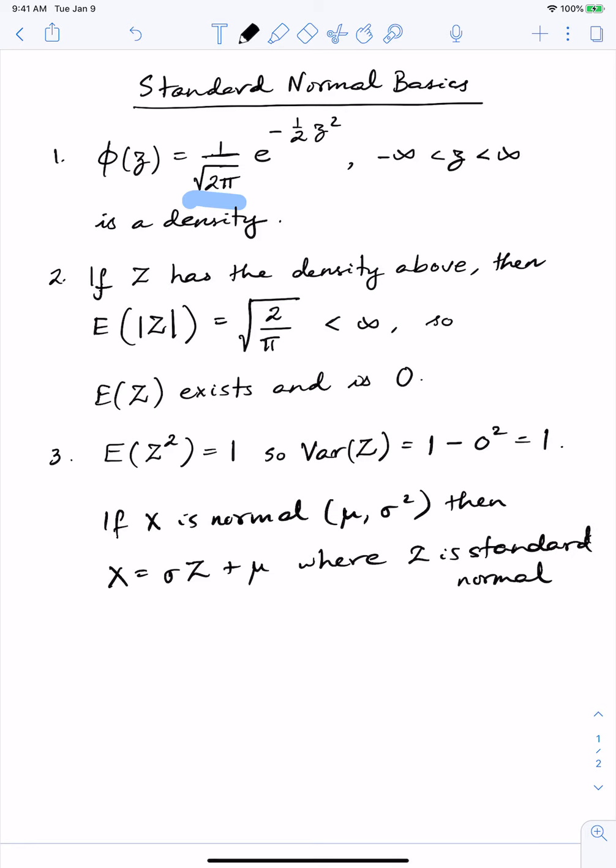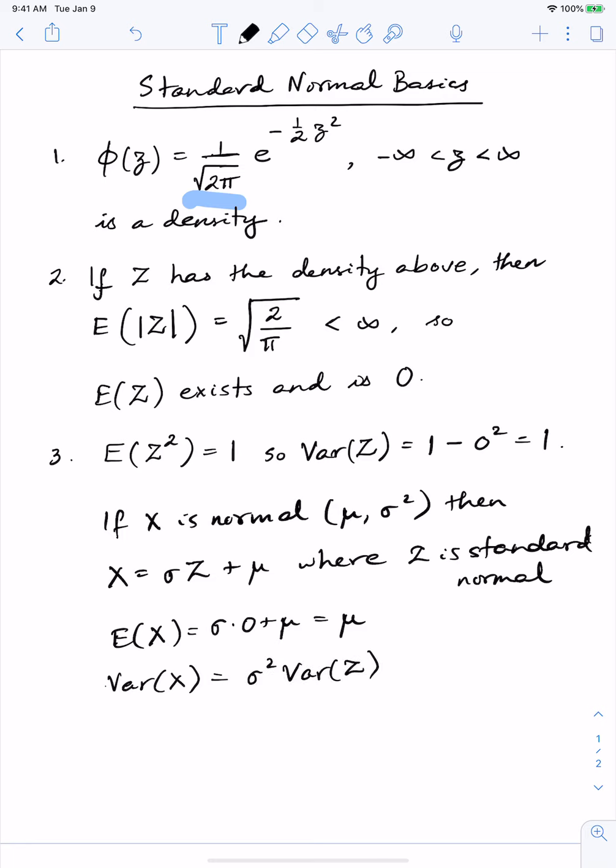And so by linear transformation facts, sigma times 0 plus mu, which is mu, the expectation of x is mu, and the variance is sigma squared.